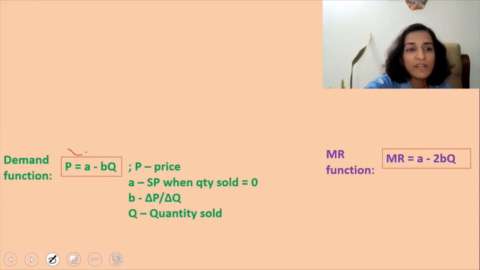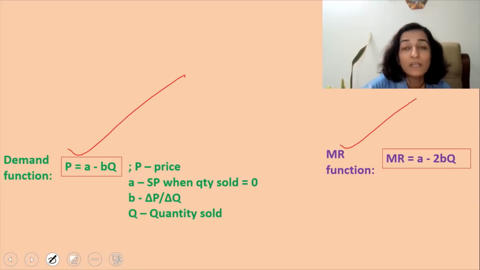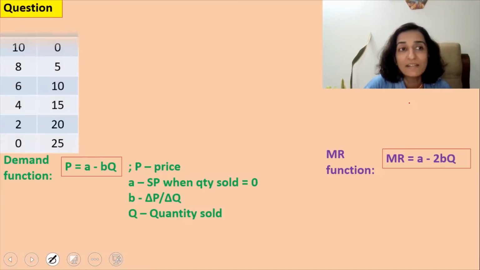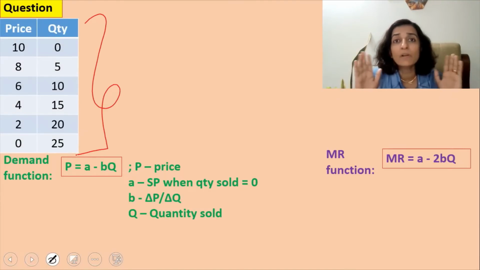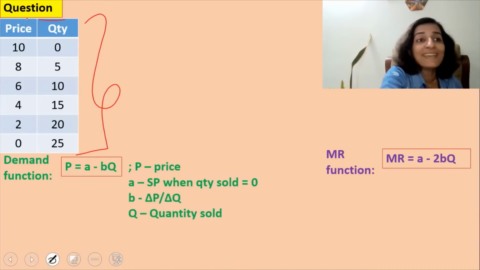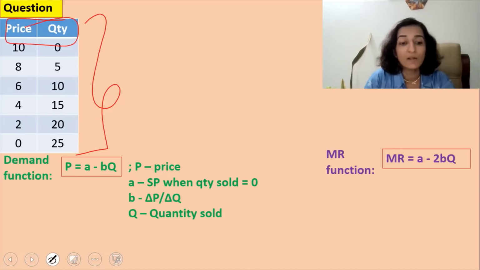So I have just copied the two equations that we need for tackling questions under the algebraic method. Now in the question, they will not give the entire table because that's not required, because already there is a pattern or there is a linear relationship which is existing between the price and the quantity.